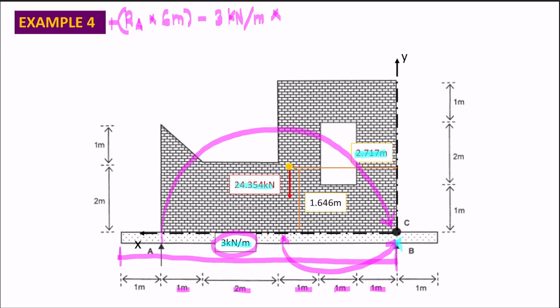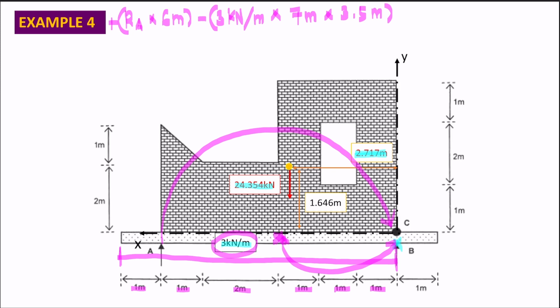Yang arah lawan jam is exactly sampai point B ni saja ya. So total dia adalah 7 meter. Distance from the centroid of that 7 meter long beam. So half of that 7 meter dari centroid nak ke point B, it should be 3.5 meter. That is for the beam yang arah lawan jam.